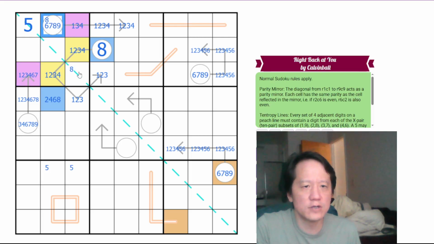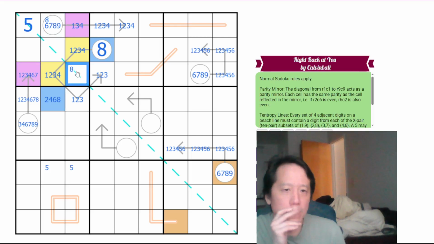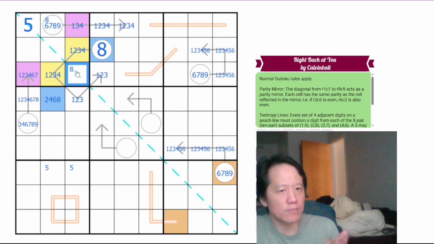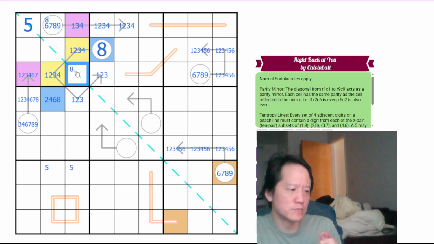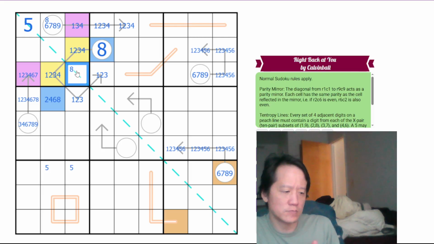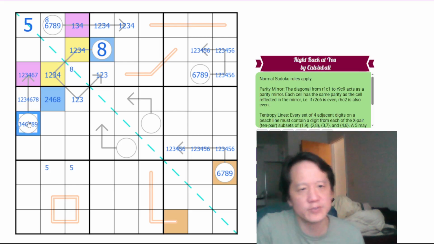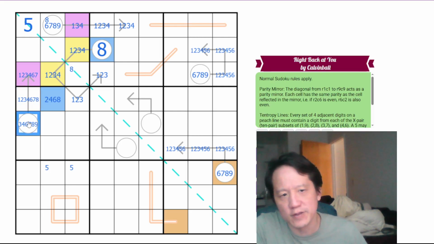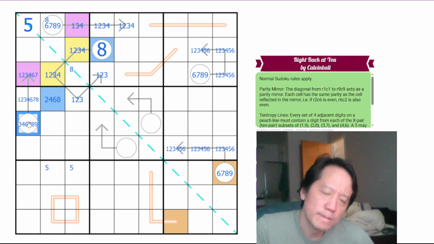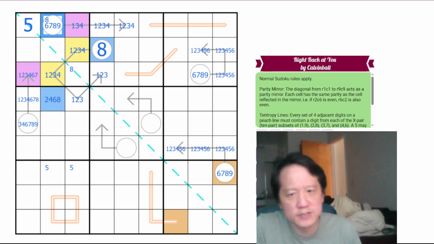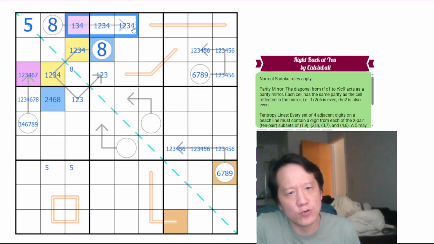So 8's either here or 8's here. And that's only because we know 8 can only go with 1 to add up to 9. That's the reasoning for that. If this is 8, it goes with 1, 3, and 4, right?